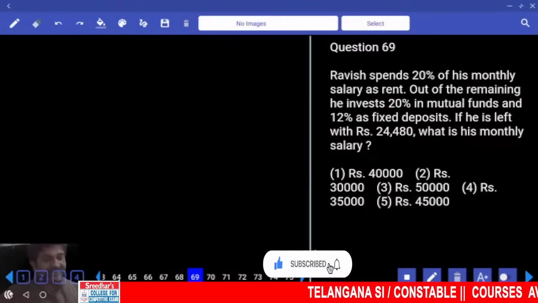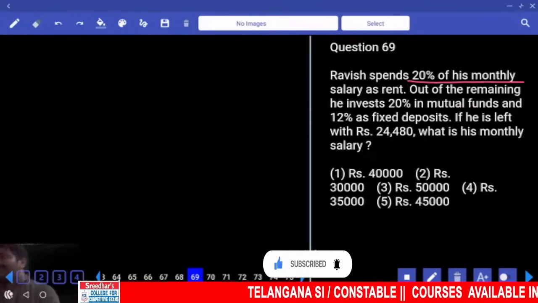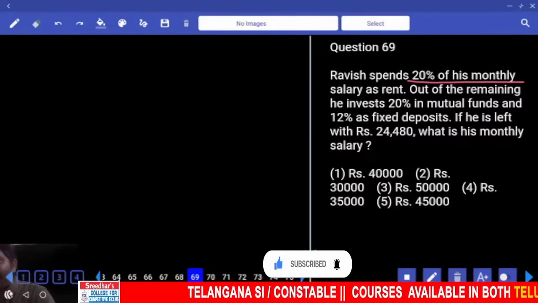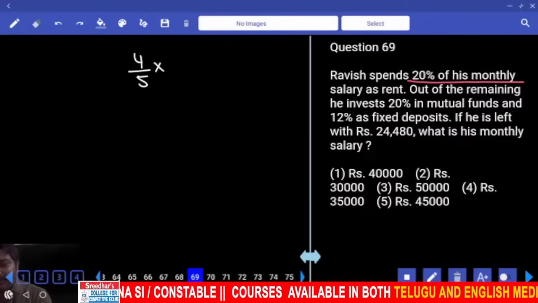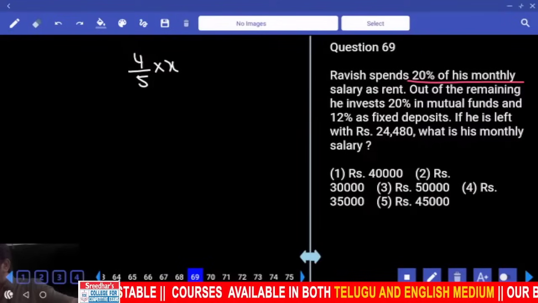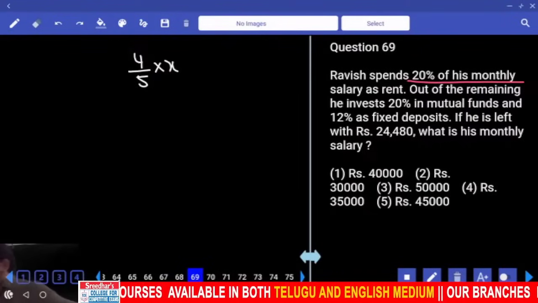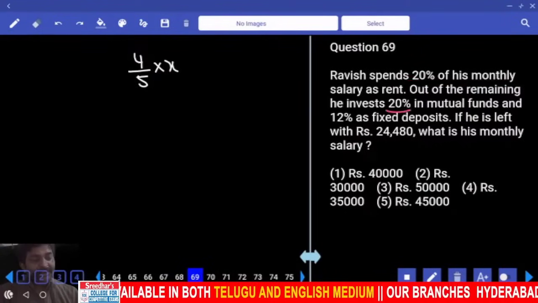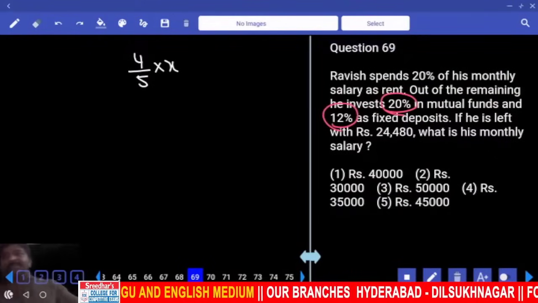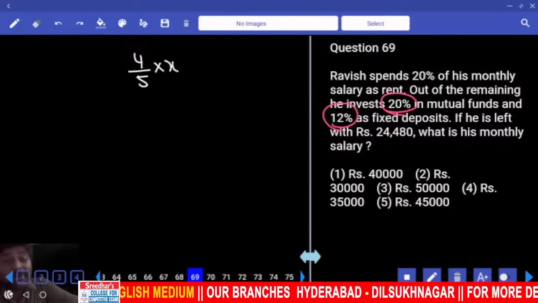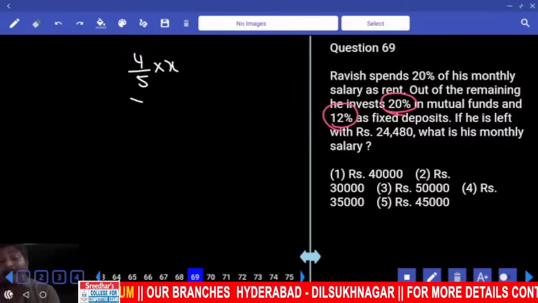What is his monthly salary? Initially 20% is spent. How much is left? Can I treat 80% as 4/5 of monthly salary X? This is what remains now. Out of this, 20% is invested in mutual funds and 12% as fixed deposit, total 32% of the remaining.